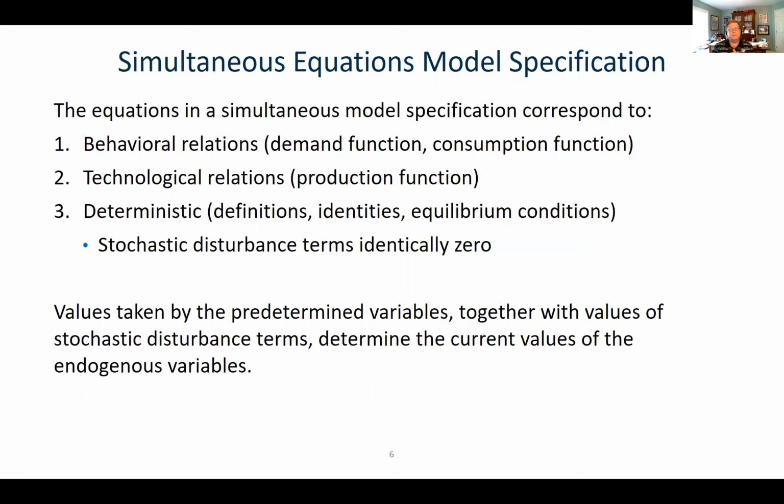So the equations in a simultaneous equation model specification could correspond to behavioral relationships, technological relations, or some deterministic, which could be definitions, identities, or equilibrium conditions. And in deterministic equations, the stochastic disturbance terms are identically equal to 0. So there's a lot of structure in a simultaneous equation model.